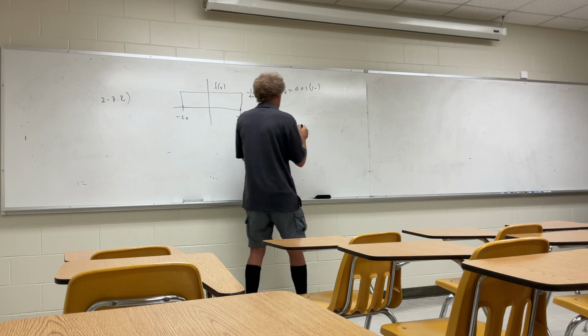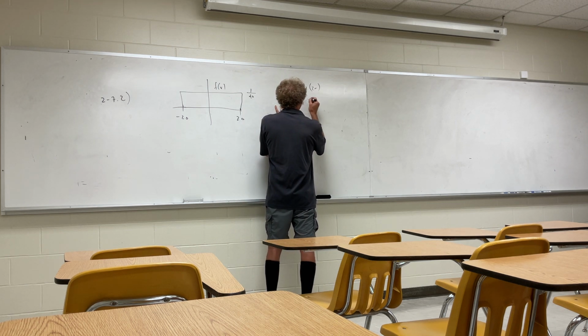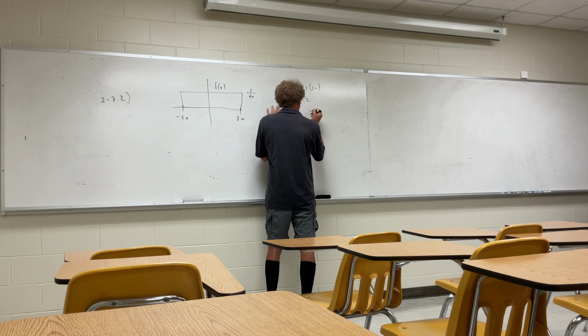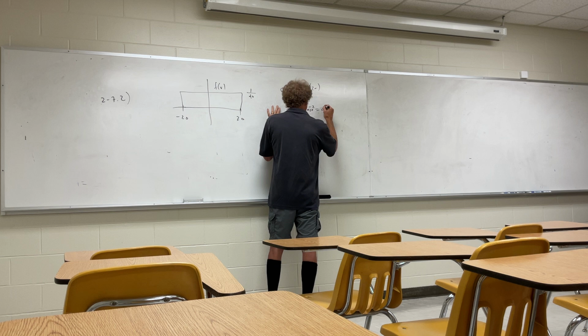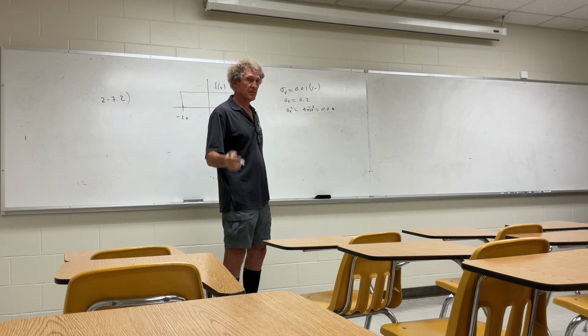That's 0.2, correct? That is sigma v, and that means sigma v squared is 2 times 10 to the -1 squared, or 4 times 10 to the -2, or 0.04. I'm just going to put that down there. The units would be volts squared.